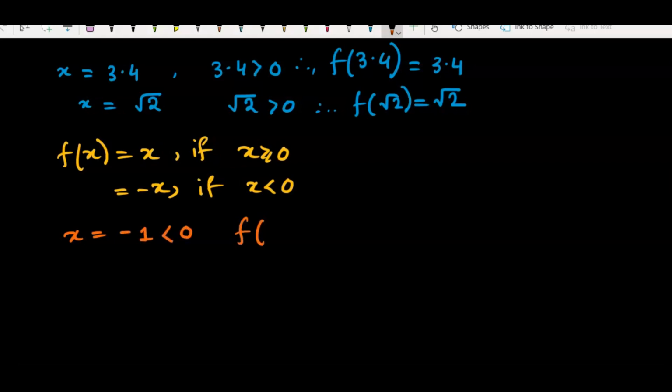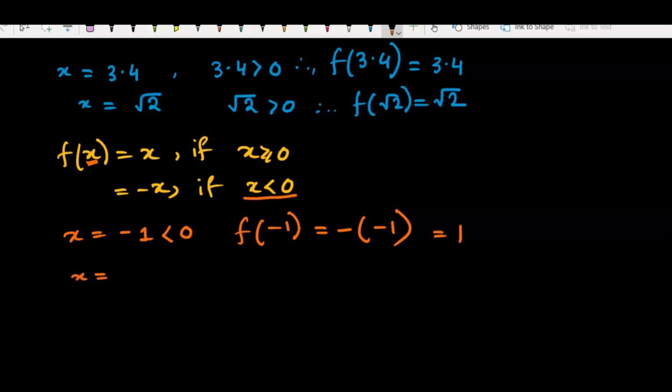Minus 1 is less than 0, so f(minus 1) will be minus x. That means minus of what is x? x is minus 1, so minus of minus 1. That means we get 1.